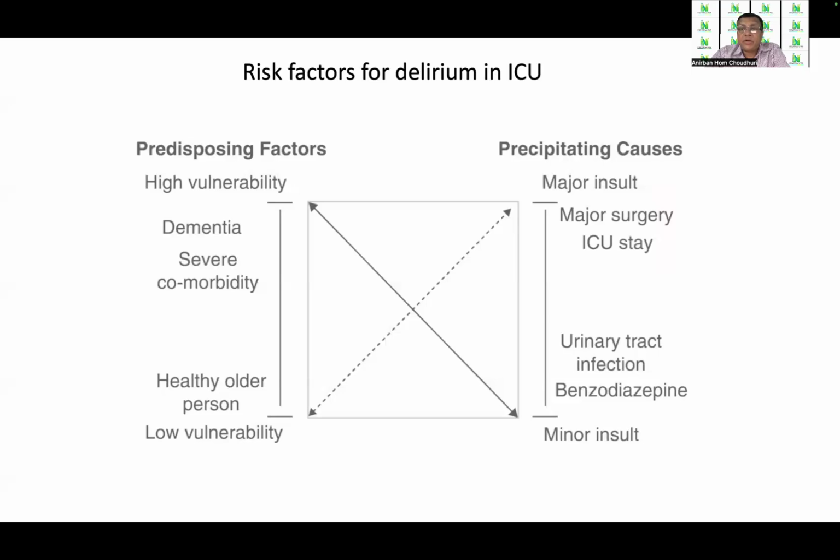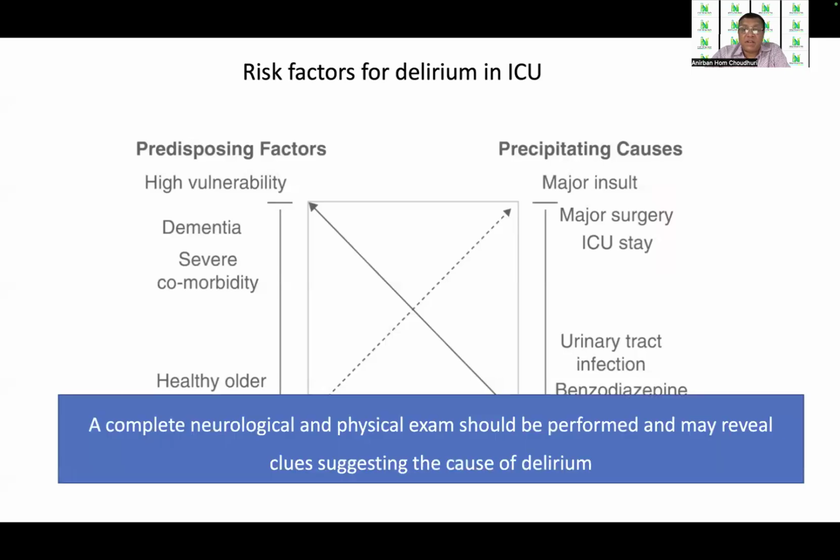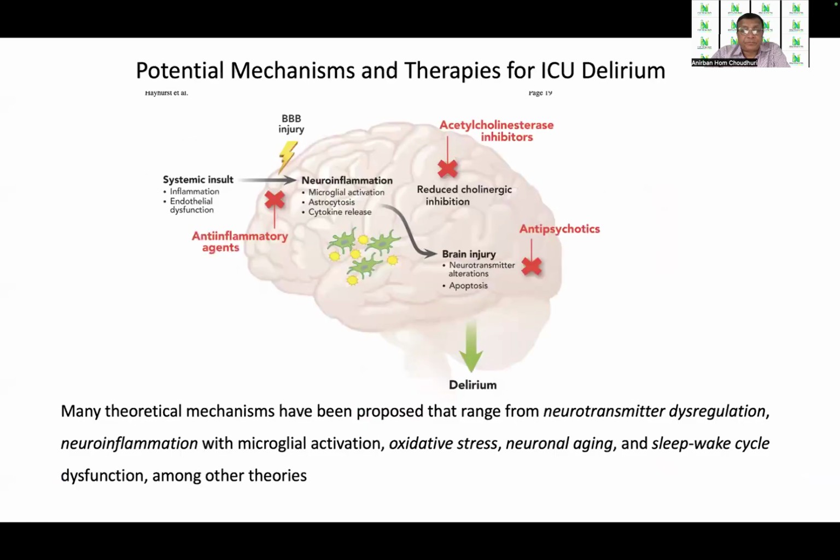So it is important to individually label the predisposing causes and the precipitating causes separately on the basis of their vulnerability. And for that, a complete neurological and physical examination is a must, because that will give all possible clues to suggest the cause of delirium.